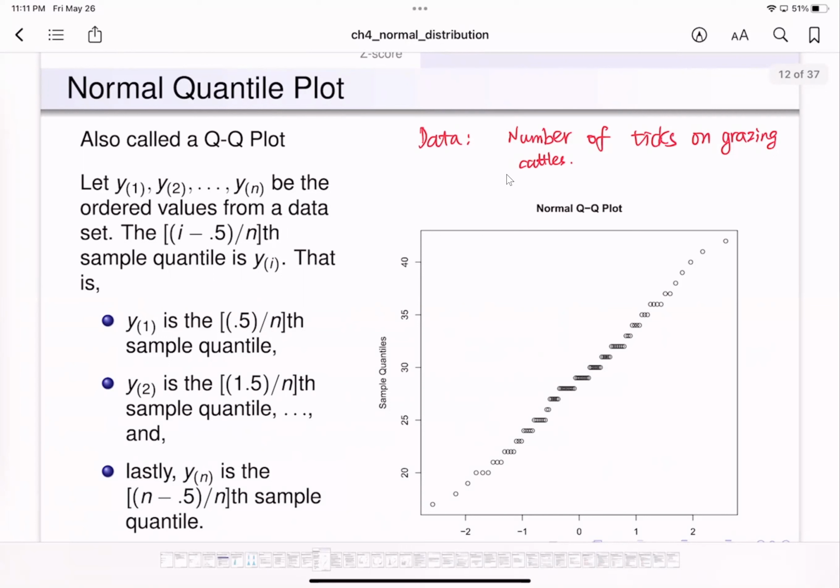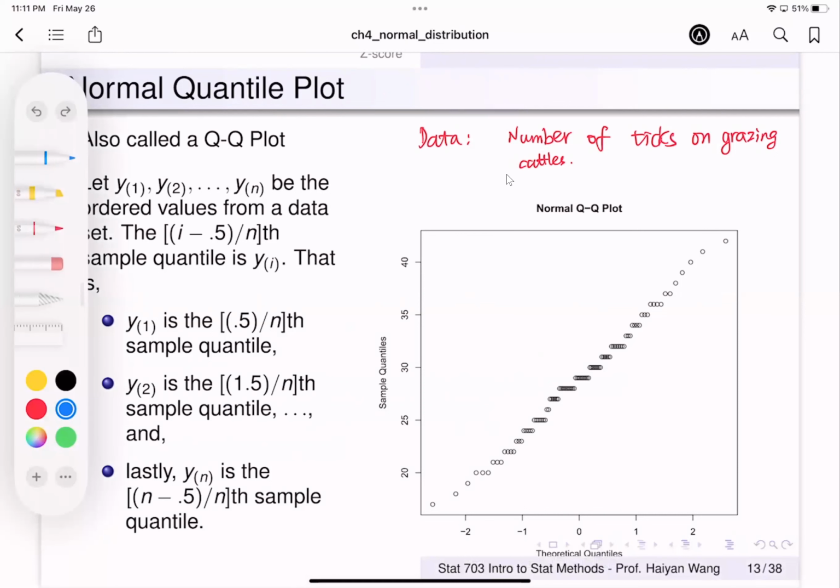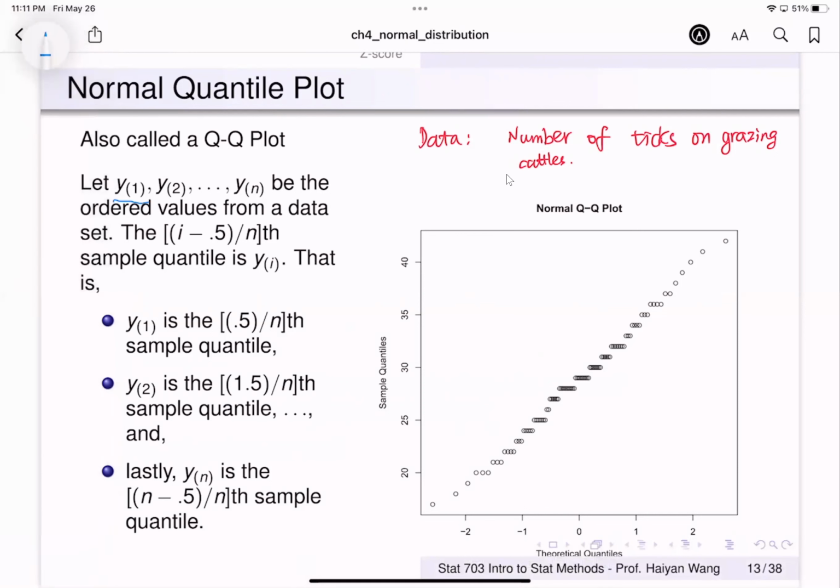We first order the data from the smallest to largest. Let's denote the smallest observation as Y with subscript parenthesis 1, and Y with subscript parenthesis 2 represents the second smallest observation, and so on. Once we order these values, we have a total of n of them.